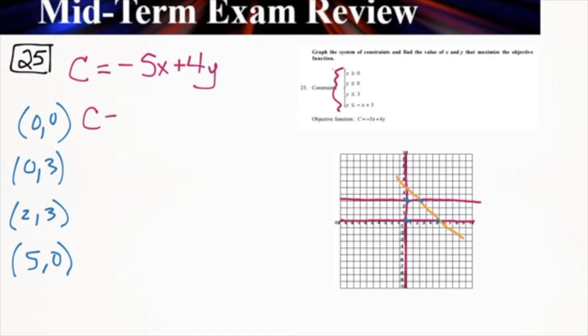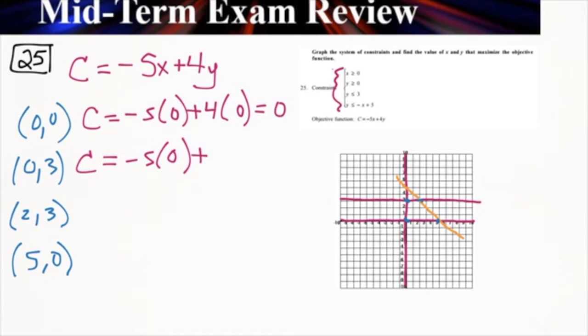Now remember, I take all these points and I plug them into the objective function. So I go c equals negative 5 times 0 plus 4 times 0. Well, that's going to equal 0, right? Now do it again. Negative 5 times, put the 0 in for x, put the 3 in for y. So that's going to give me a 12. Do it again. Negative 5 times 2 plus 4 times 3.